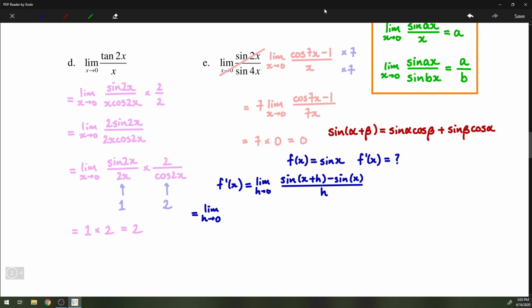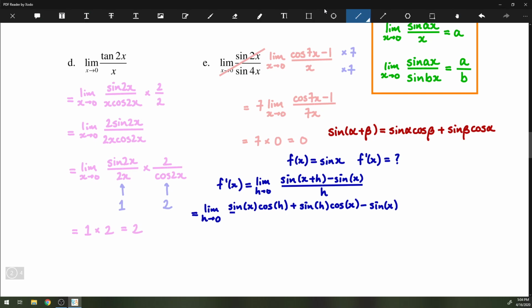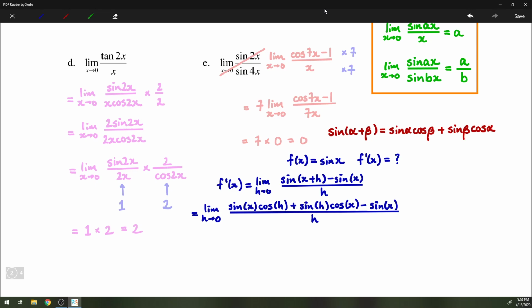So that, of course, will be sine x cosine h plus sine h cosine x minus sine x, all over h. Now from there, there's a couple of rearrangements that will really help us out.